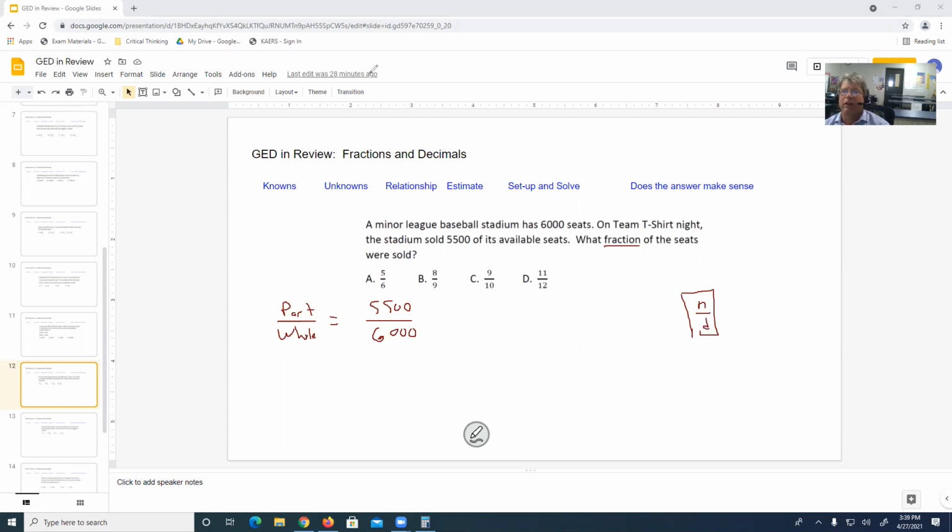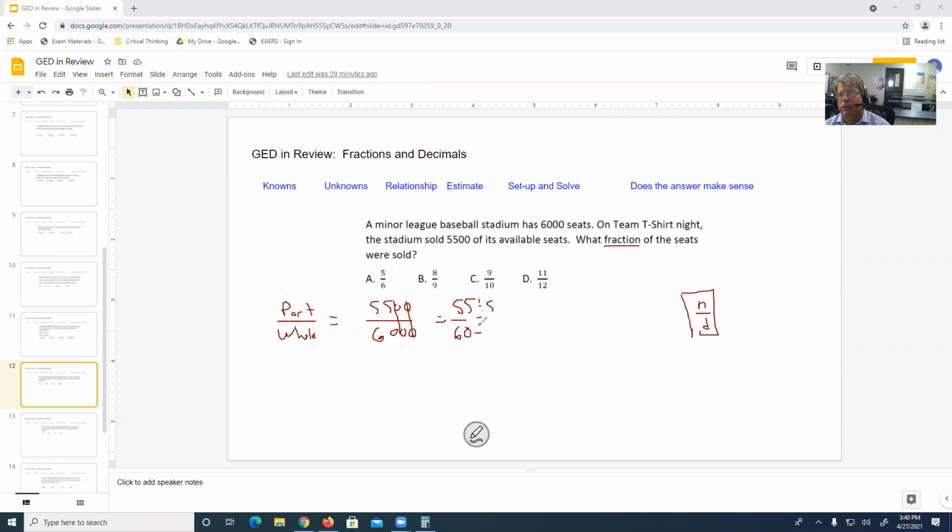I don't have that calculator available with me here, but I do know a little bit of math, and one of the things I can do is I know in fractions these zeros can just divide out, so all I'm left with is a 55 and a 60. Well, since they end in a 5 and a 0, that tells me that I can take out a 5. So I can divide each one of those by a 5.